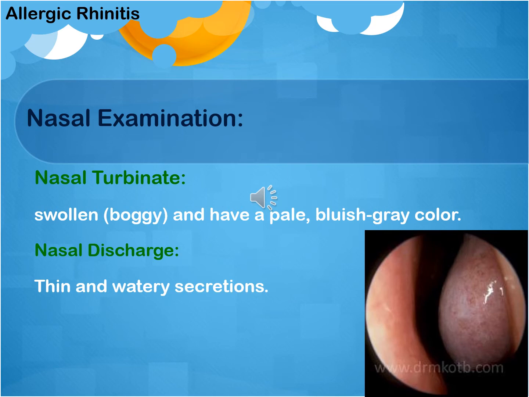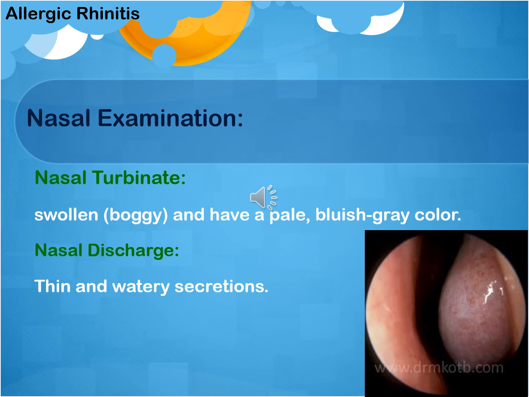That's actually because the inferior turbinate swelling is formed by the fluid that comes from the blood vessels and from the vasodilatation of the blood vessels. So that's why it appears pale bluish, due to the color of the dilated blood vessels and due to a lot of fluid.